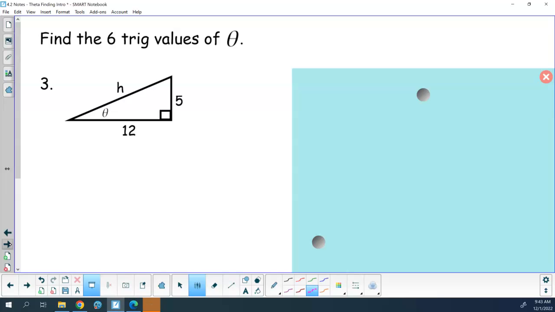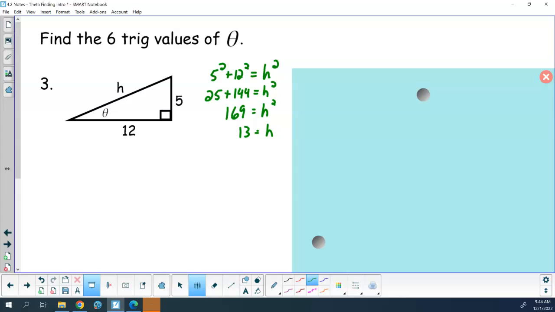We have the Pythagorean theorem. A squared plus b squared equals c squared. Sum of the squares of the legs is equal to the square of the hypotenuse. So first off, we can solve for h by saying 5 squared plus 12 squared equals h squared. 25, 144. That gets me 169. So that gets me 13.